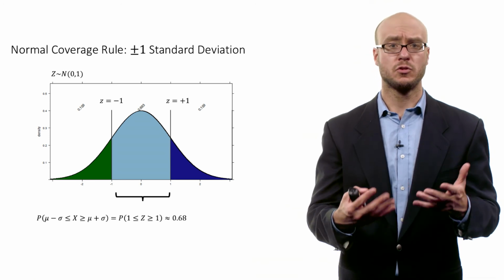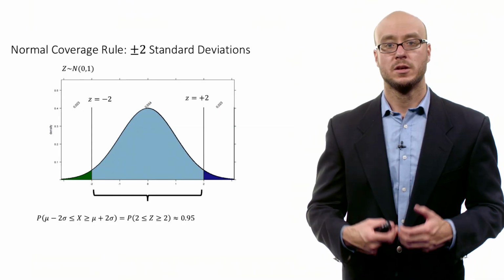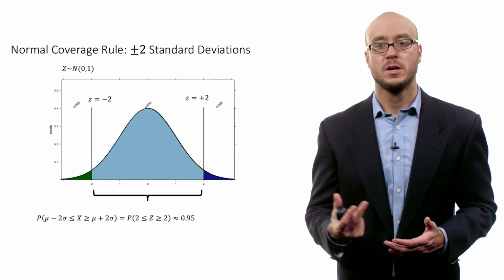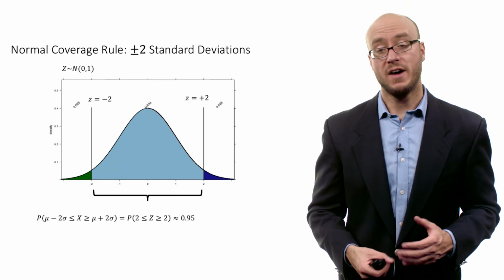So this is what the normal coverage rule looks like in terms of plus or minus 1 standard deviation. This is using the standard normal distribution. And you can see that the probability of having a z-score within 1 standard deviation is about 0.68. 68% of the values are within 1 standard deviation of the mean. Right? The normal coverage rule states the probability of having some z-score within 2 standard deviations of the mean is 0.95.